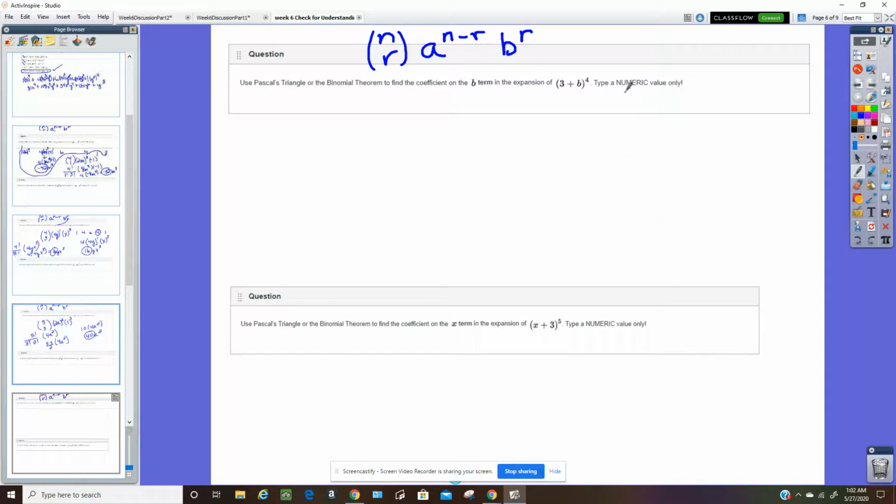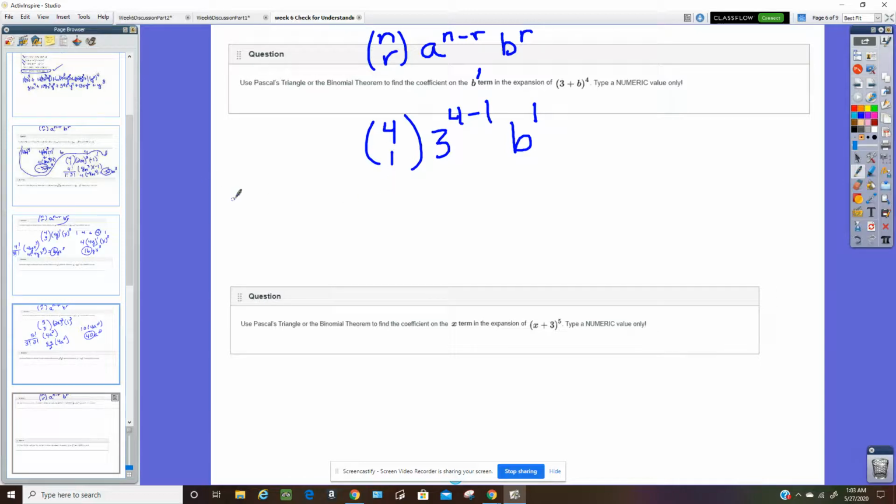And then once again, I want to find my b term. So that means if this is a 1, that's r is 1. My n value is 4. R is 1. My a value is 3. So 3 to the 4 minus 1, and then b to the first power.